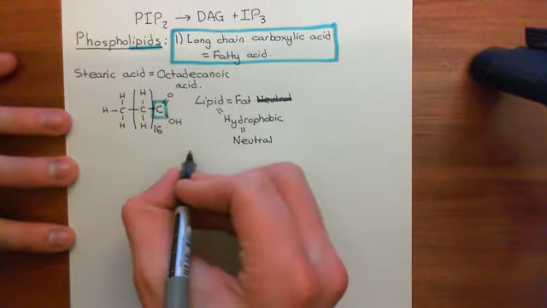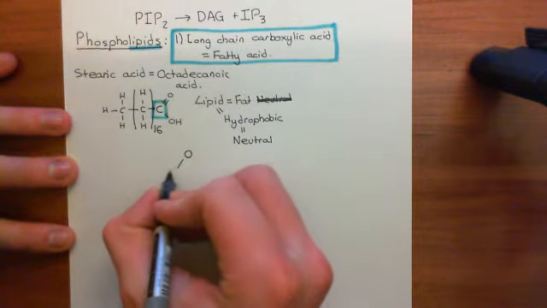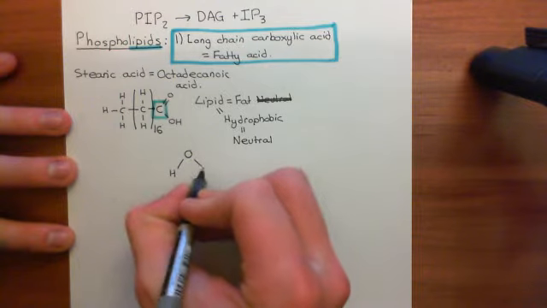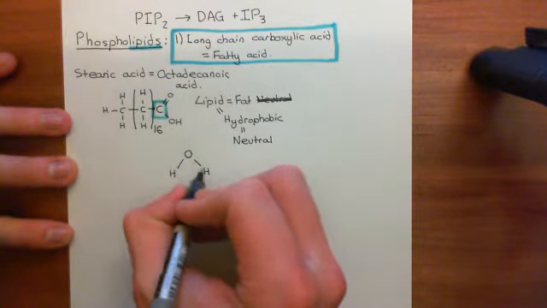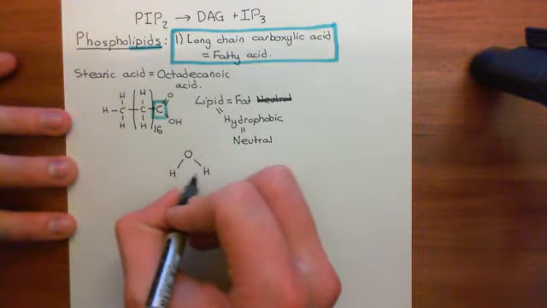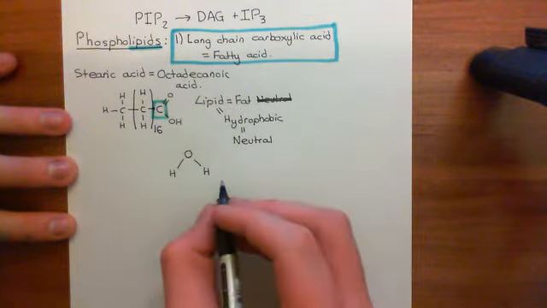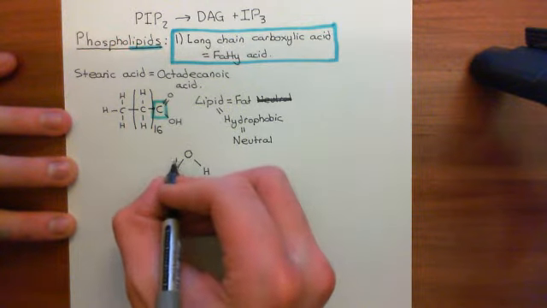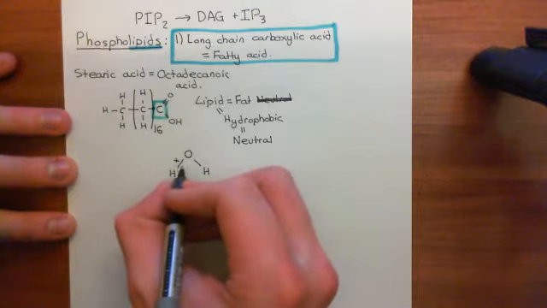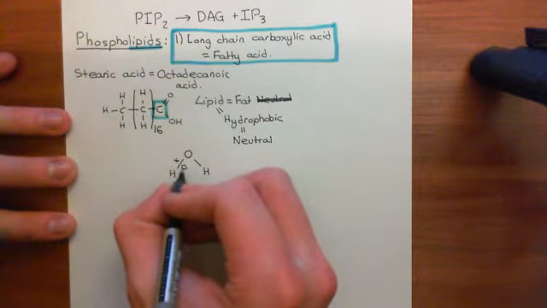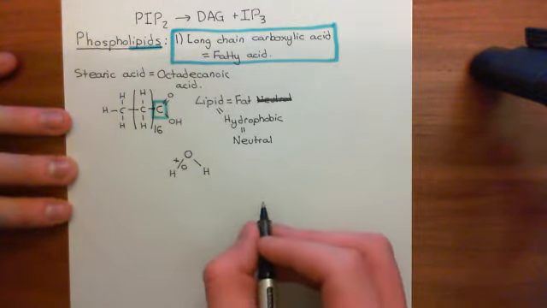Okay, and let me explain why that is going to lead to them interacting badly with water. So let's discuss the structure of water. If we have a water molecule here, we have an oxygen atom bound to two hydrogen atoms. Now in each of these bonds, you'll have one electron coming from the hydrogen and one electron coming from the oxygen.